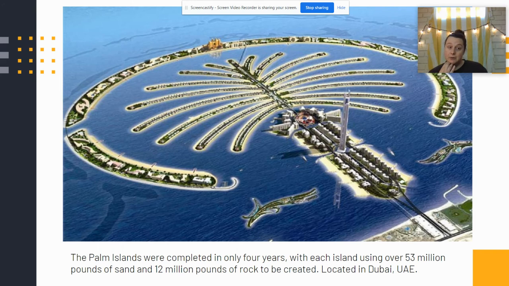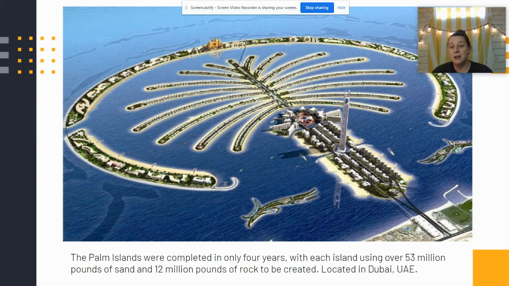Here are some examples of possibilism. These islands are so cool. These are called the Palm Islands, and they were constructed out of the ground, out of the sea. You can see with 53 million pounds of sand and 12 million pounds of rocks, right? These are artificial islands. They are not naturally occurring.